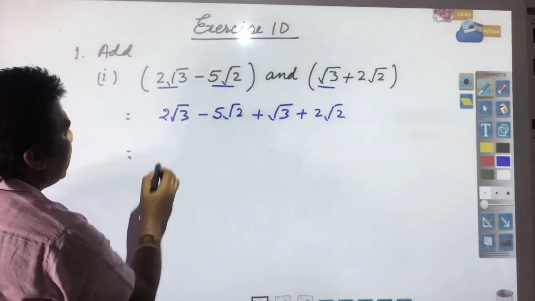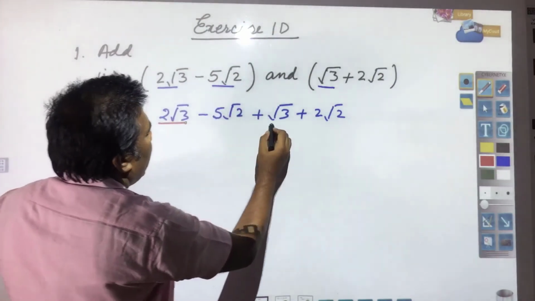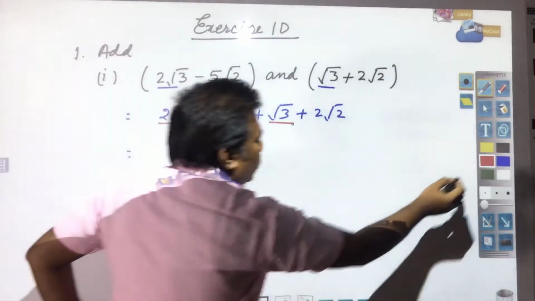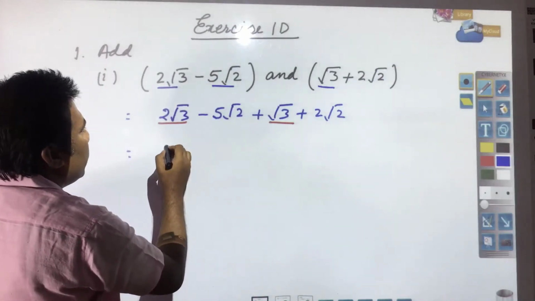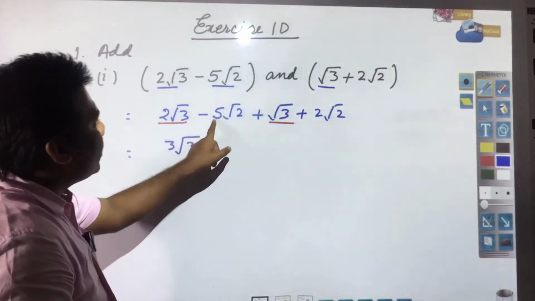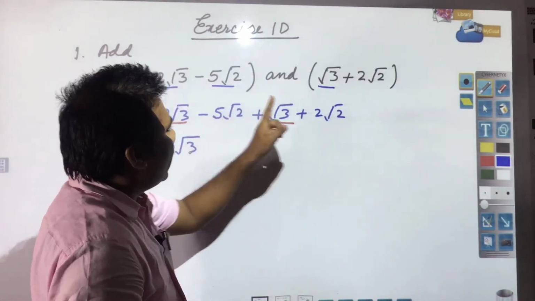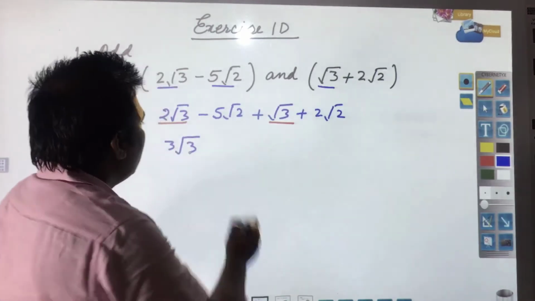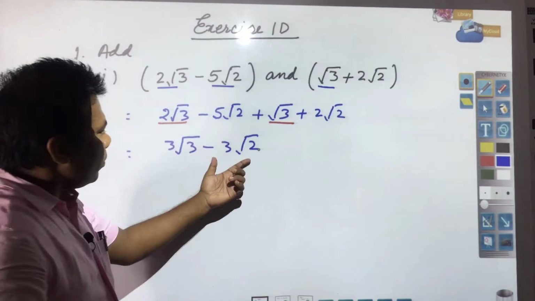Now, you see similar terms you have, 2 root 3 and root 3. So, that can be simplified. 2 root 3 plus root 3 is equal to 3 root 3, minus 5 root 2 plus 2 root 2. It means minus 5 and plus 2 you have. So, this will be minus 3 root 2.